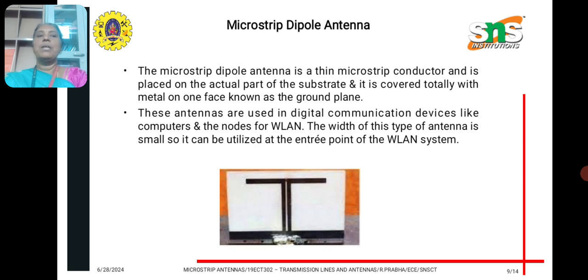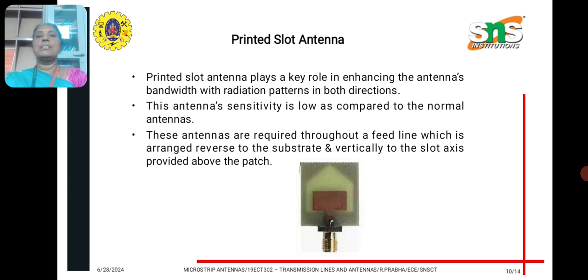The microstrip dipole antenna is a thin microstrip conductor placed on the actual part of the substrate, and it is covered totally with metal on one face known as the ground plane. These antennas are used in digital communication devices like computers and nodes of wireless LAN. The width of this type of antenna is small, so it can be utilized at the entire point of the WLAN system.